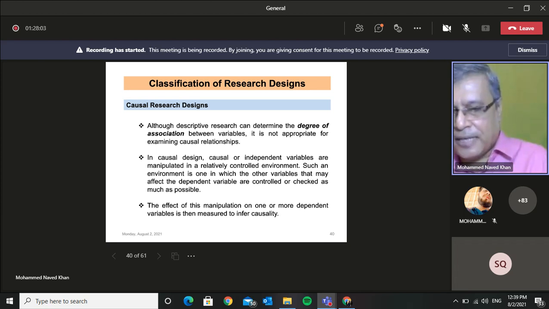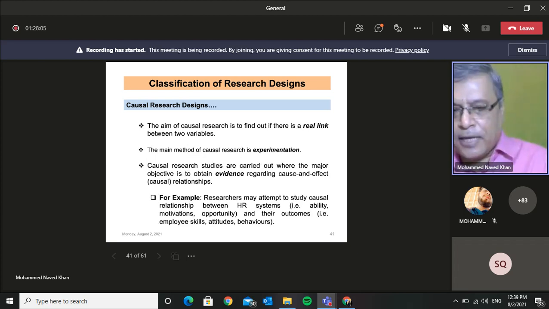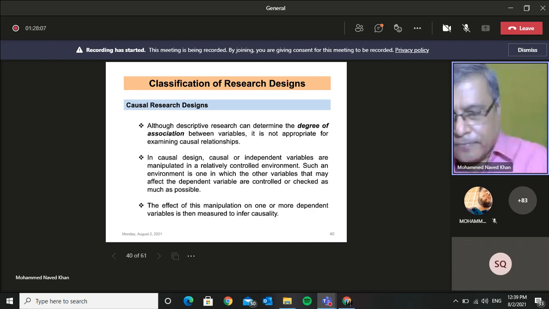I will type it in the chat box also. The original book is by Naresh Malhotra, and after the book was introduced in the Indian market, he now has some co-authors from India, and some Indian examples have been included in the text.